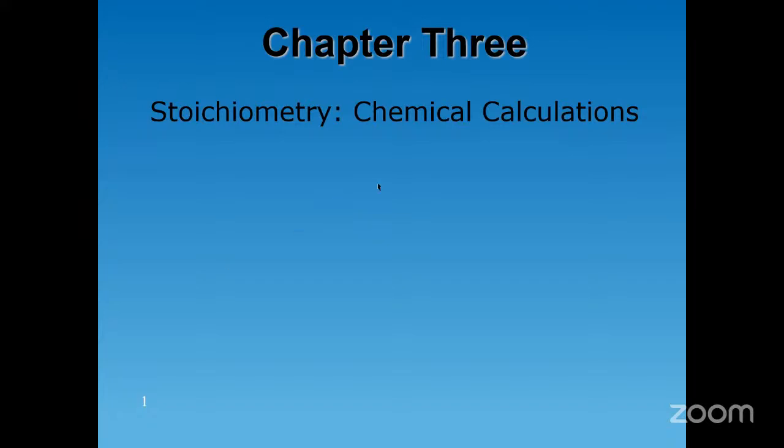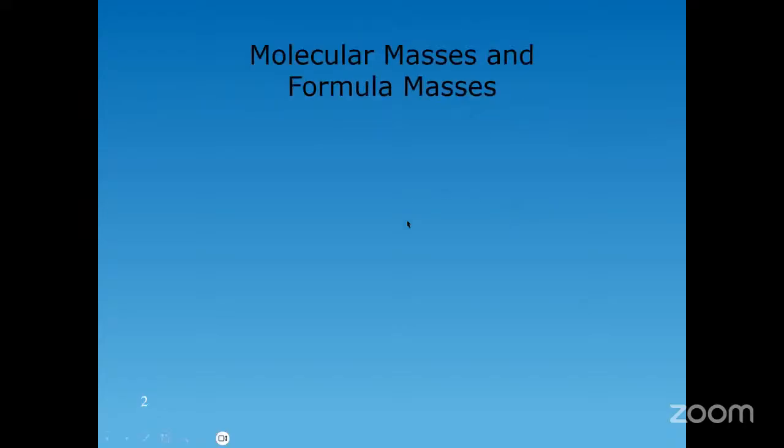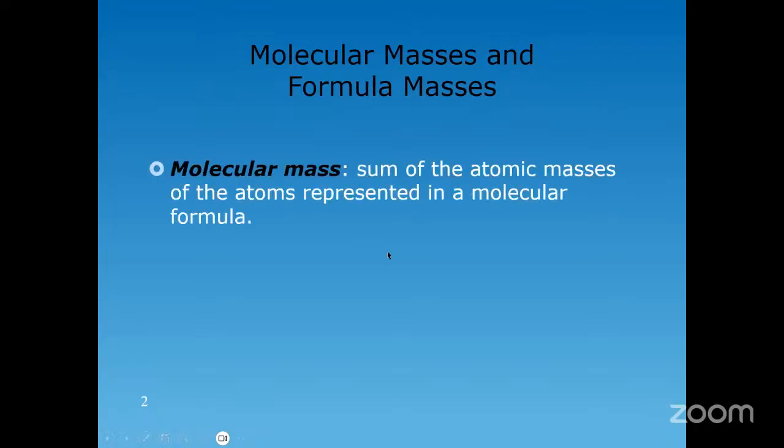This is a very fundamental skill that you need to master so that you can do other things in chemistry, including up to organic chemistry. All right, so let me talk firstly about molecular masses and formula masses. This is a very fundamental thing that you should know already, so I'm going to go through this rather quickly. Simply put, the molecular mass is the sum of the atomic masses of the atoms represented in a molecular formula, right? Very simple.